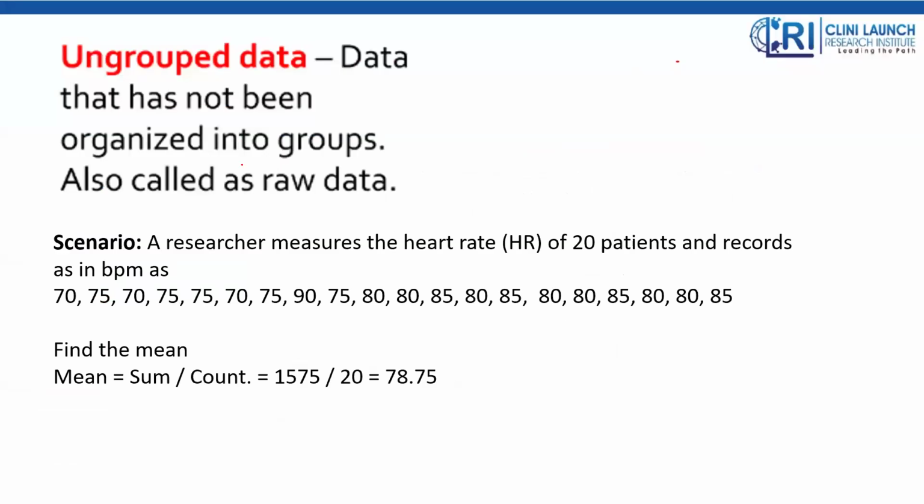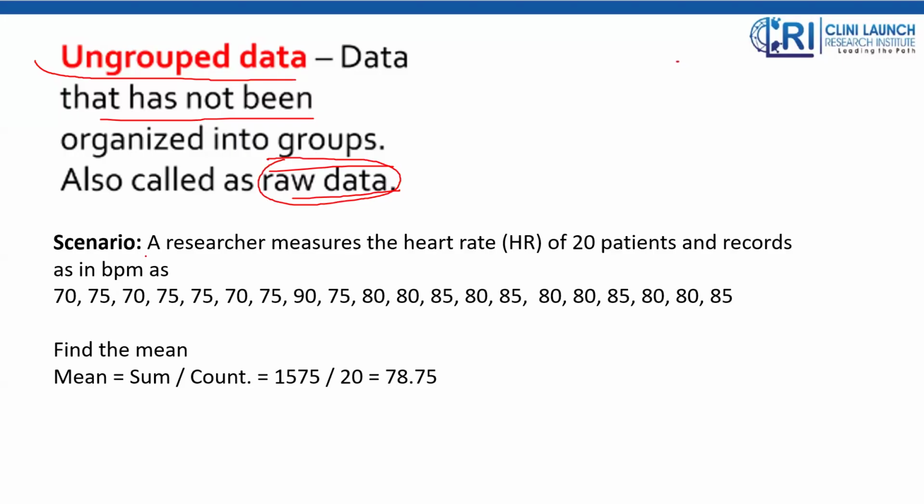So let us take one example over here. Ungrouped data. Data that has not been organized into groups is called ungrouped data, and it is called raw data. So whatever we are collecting in our research is raw data only. All the statistical tools and software that we use work on raw data.